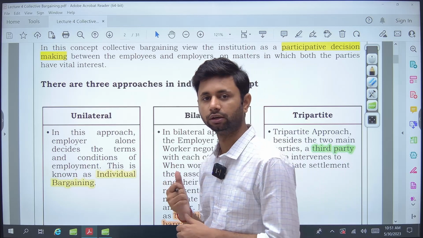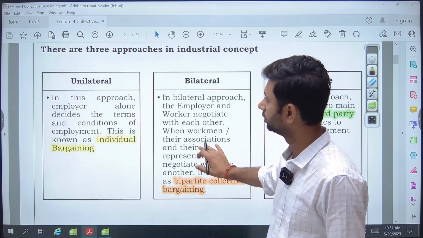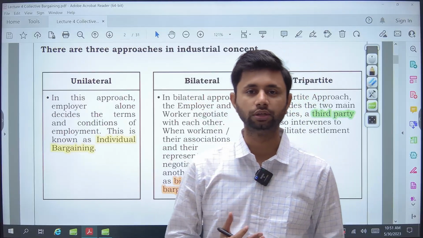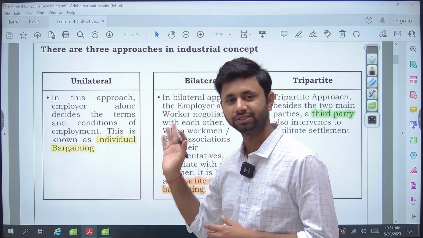Similarly here, if we understand the collective bargaining concept, whatever approaches and theories different scholars present are just a tangential aspect of the basic definition.